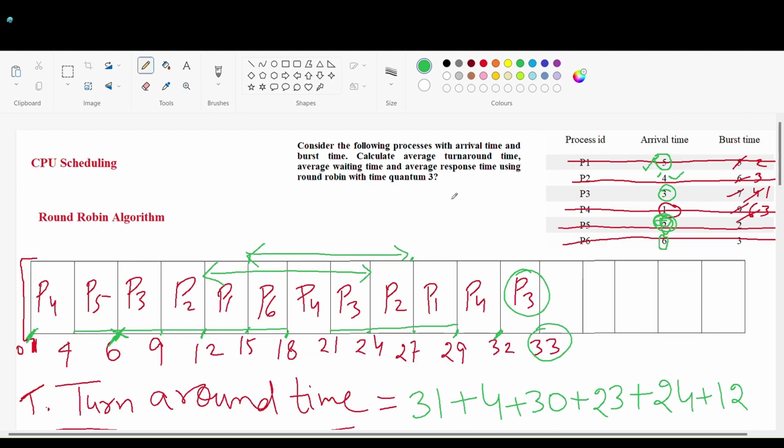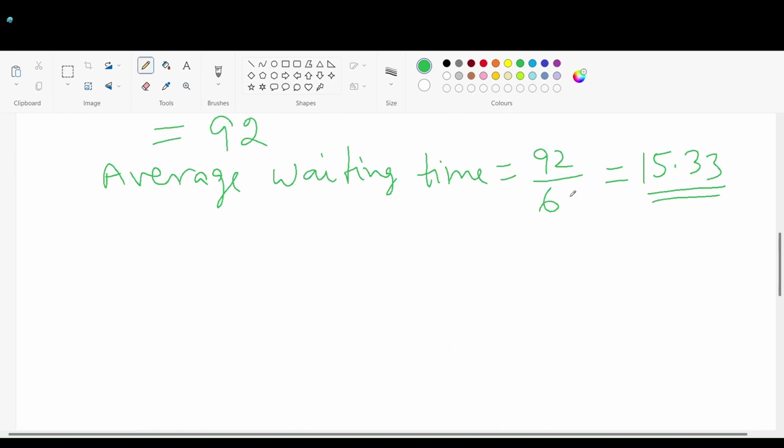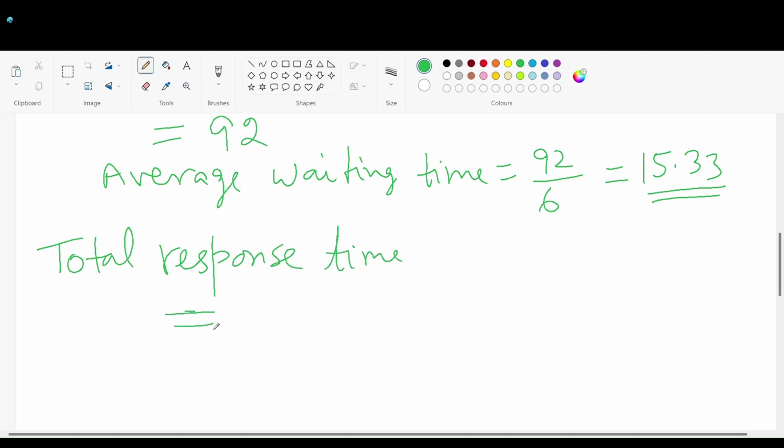Okay. The third question is average response time. So what is the average response time here? So we will find the total response time first.